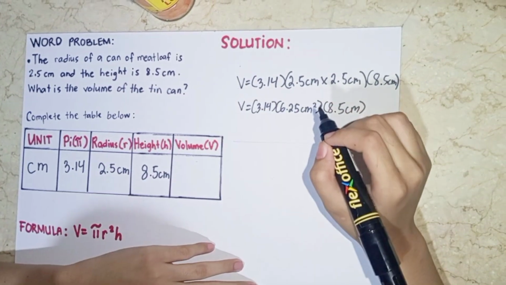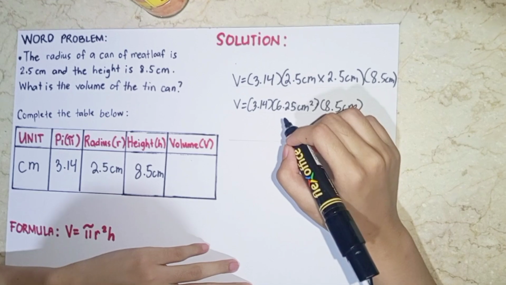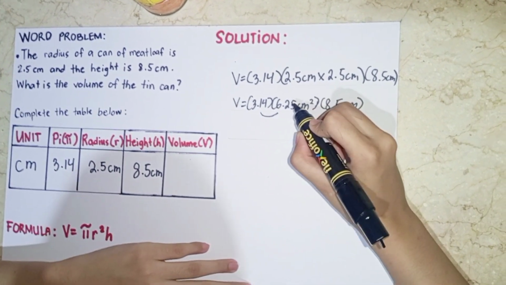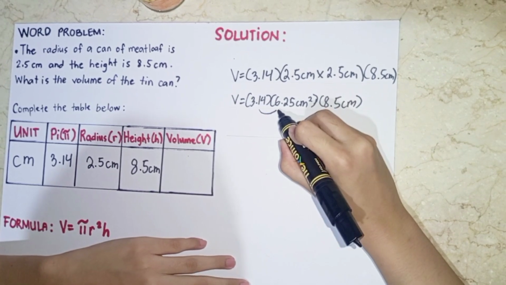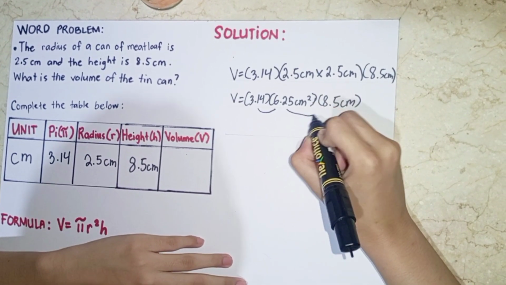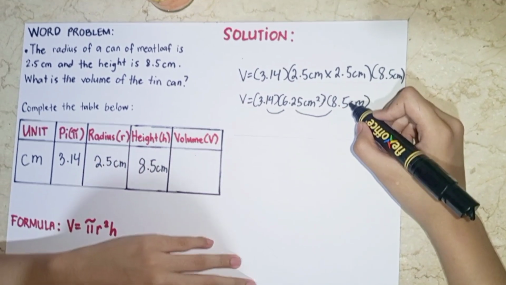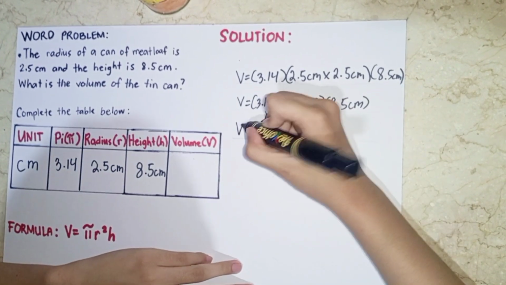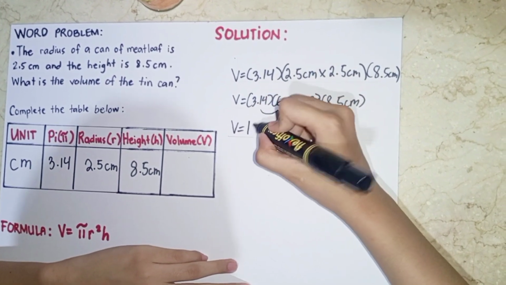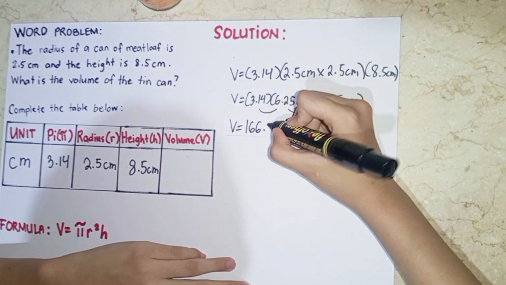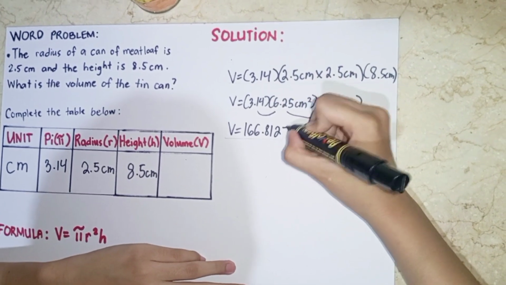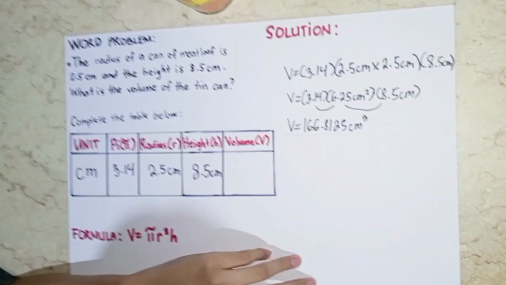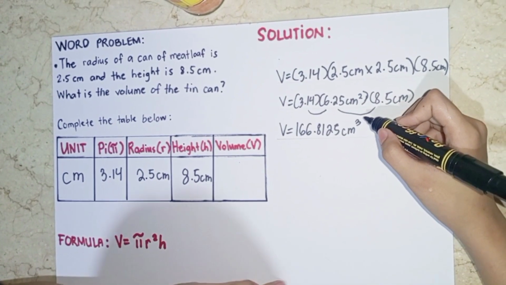We will now multiply all the given numbers. 3.14 times 6.25 square centimeters times 8.5 centimeters. We will get the volume equals 166.8125 cubic centimeters.